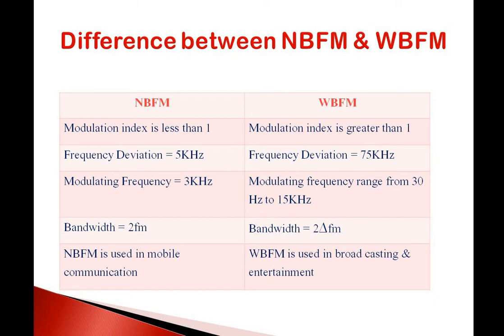So the bandwidth will also be similar, that is 2 fm, twice the frequency of your message signal. So it is 2 fm, and the bandwidth of wide band frequency modulation is 2 delta f, twice the frequency deviation.